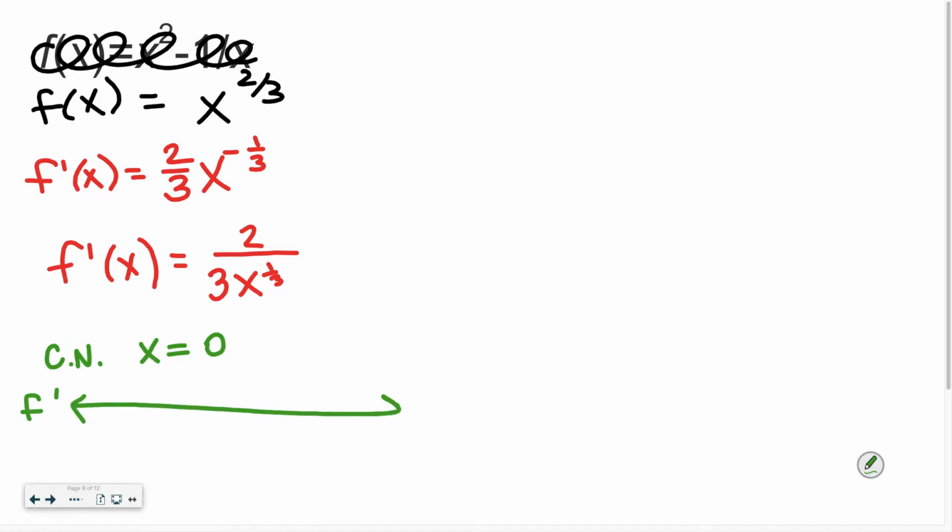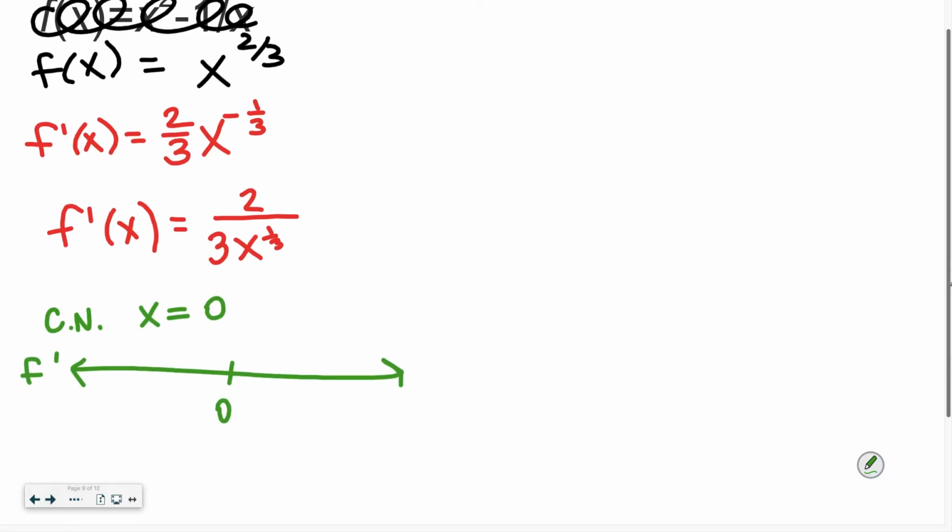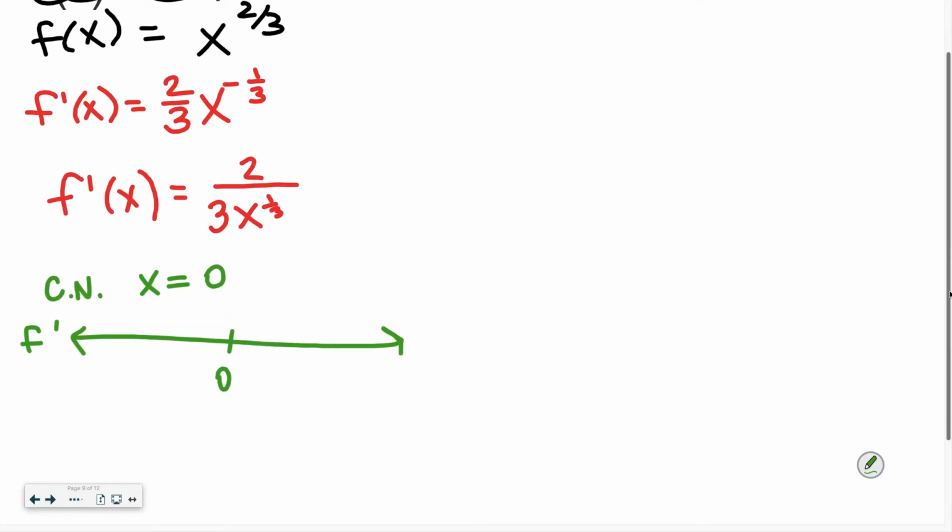If I'm going to talk about increasing and decreasing and then talk about concavity, I need to label my number lines. So I have my number line labeled with x is 0. If we plug in negative numbers, what kind of derivative do we have? We would have negative numbers, right? Okay.